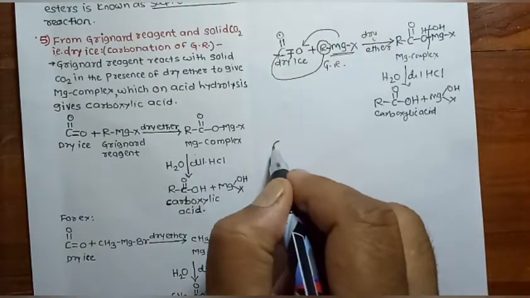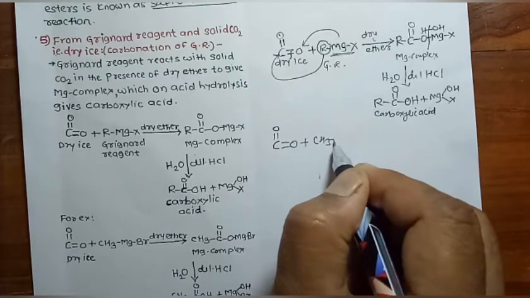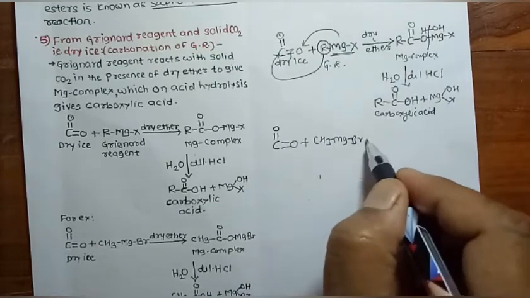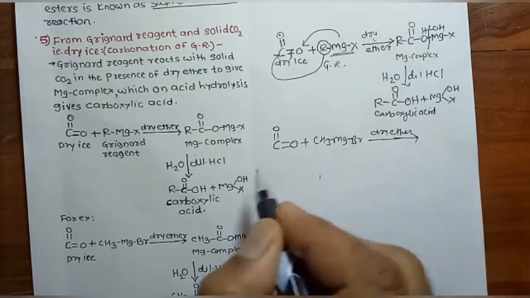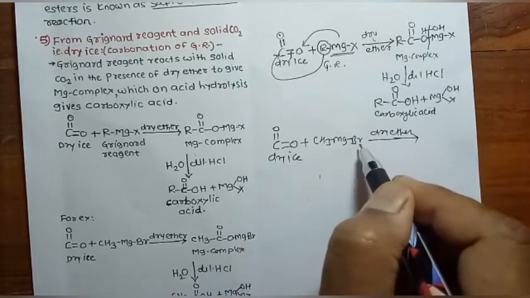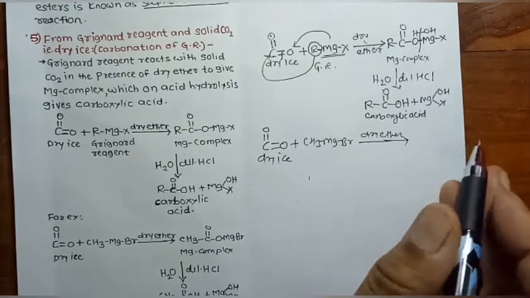Another example is like this: when CO2 is treated with Grignard reagent like methyl magnesium bromide in the presence of dry ether, which is a solvent, dry ice or solid CO2 reacts with CH3MgBr and gives magnesium complex.